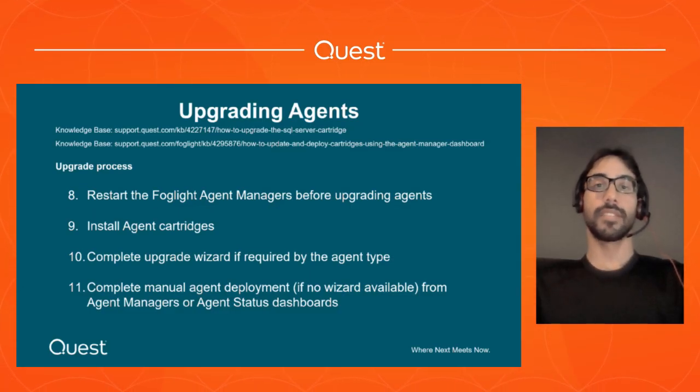After that, install the agent cartridges for the desired agent types, and depending on the installed cartridge, for some of them, such as SQL Server, Oracle, and DB2, they will need to go over the upgrade wizard from the database's dashboard to finish the upgrade process. For the agents that do not have an upgrade wizard, the process would need to be completed from the agent managers or agent status dashboard to perform the deployment of the agent package.